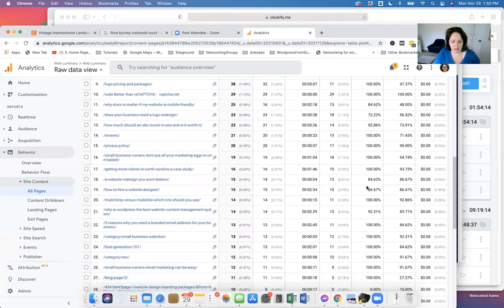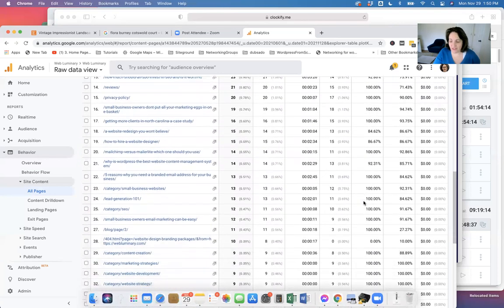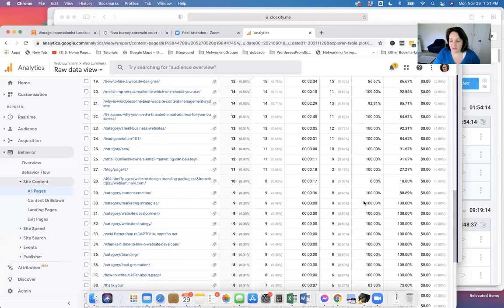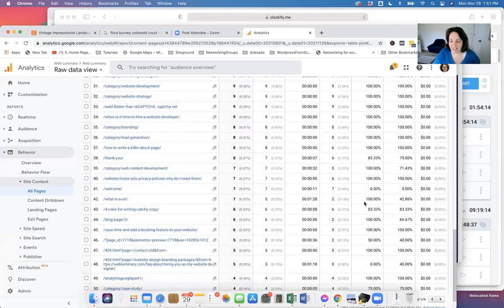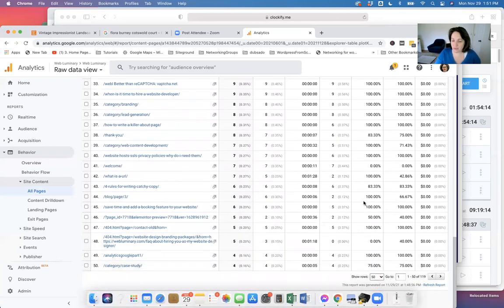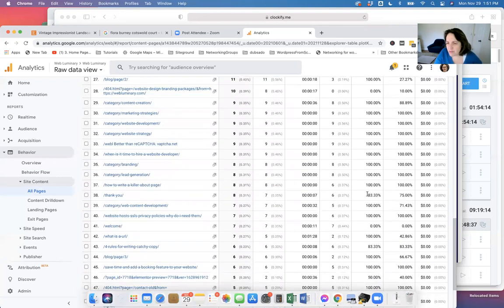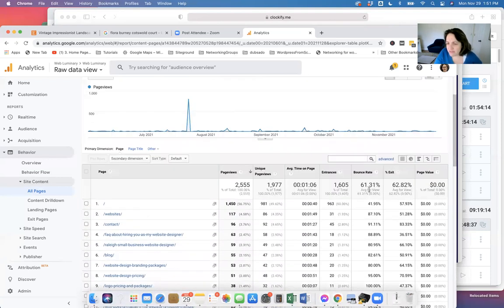And then you have to have a little bit of humility with this stuff. For the most part, people are looking at my blogs and leaving. Maybe I need to put more links between my blogs. I probably do. So that's what bounce rate means: they look at just that one page and then they leave.